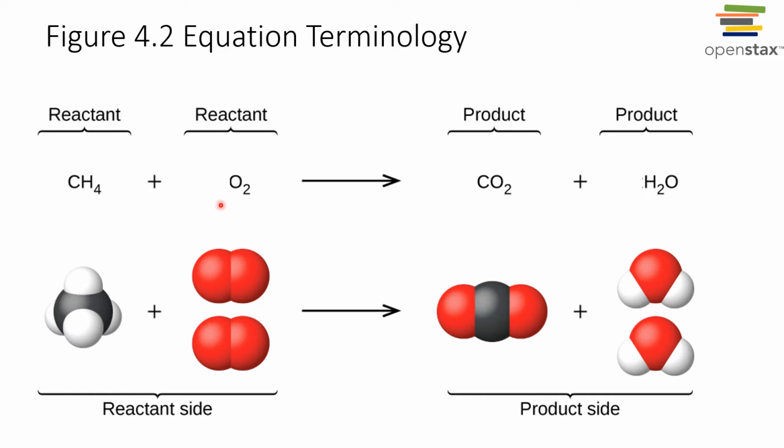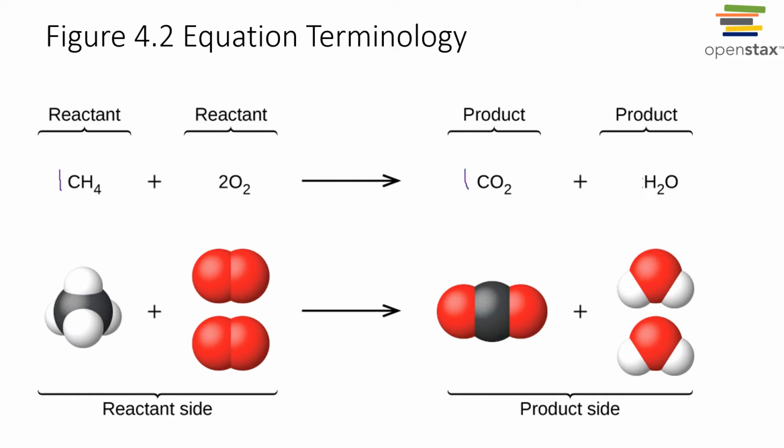And nothing magical about 2. You could have 17 if you wanted to. Be kind of hard to balance though. Pointed out on the last slide that the number here is a coefficient. I think that you need coefficients in the case of ones also.